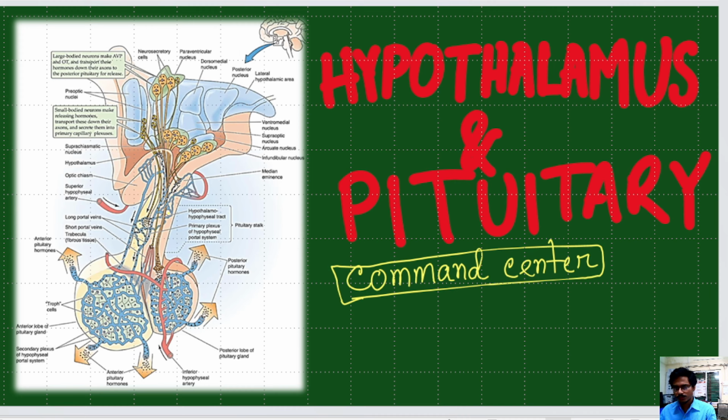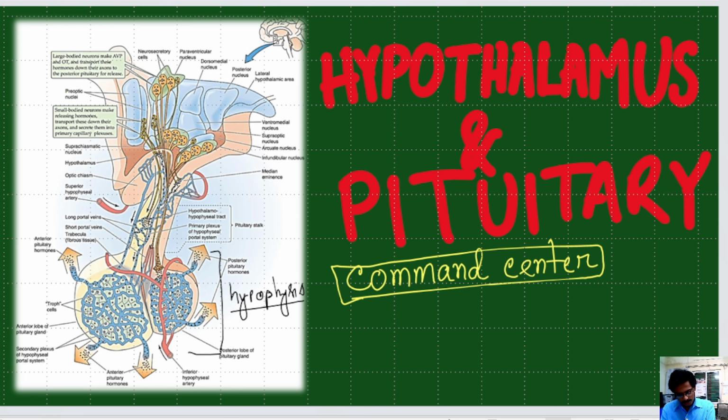So let's go to the pituitary gland, also known as the hypophysis. So this is our pituitary gland, and it is also known as the hypophysis.